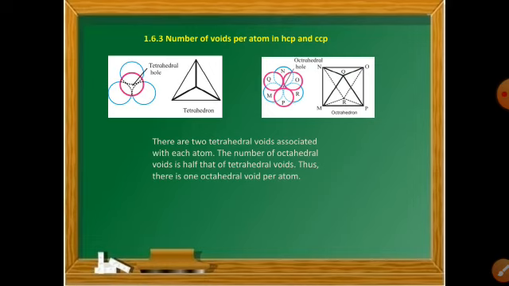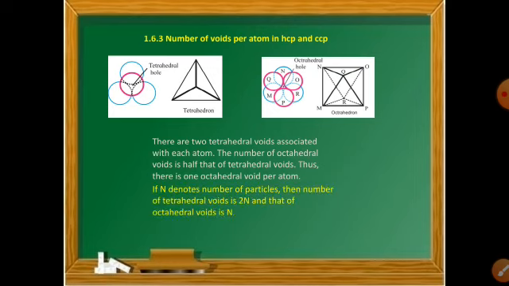So here we can say that there are two tetrahedral voids associated with each atom. The number of octahedral voids is half that of the tetrahedral voids. Thus there is one octahedral void per atom. It means that if we cut an octahedral void, then you will get two tetrahedral voids. That means 2 tetrahedral voids equal 1 octahedral void.